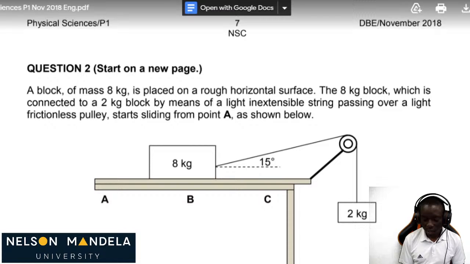So maybe you can tell us what happens on the other side. So we've already done the free body diagram, we're done with this. This is just a comment that I'm going to give.